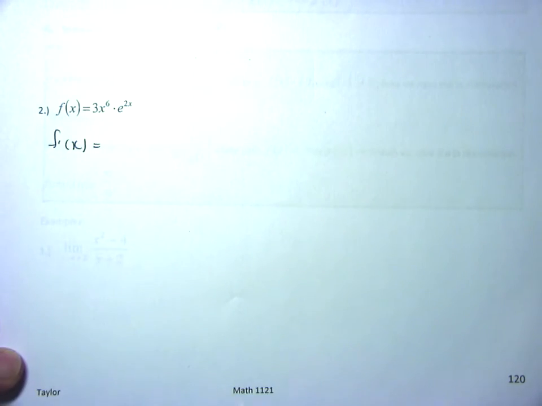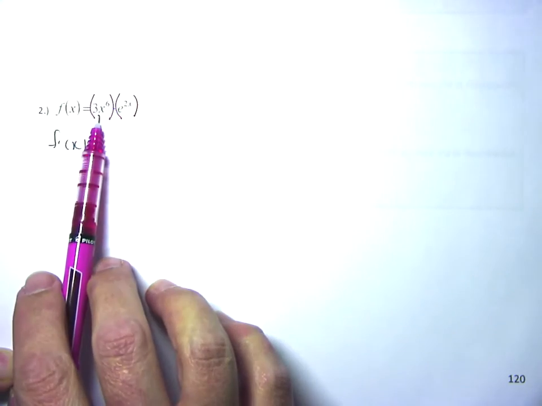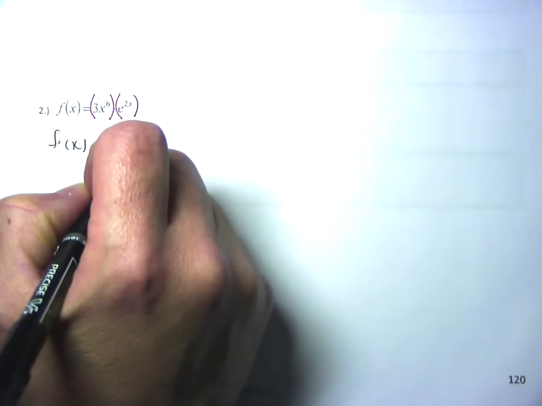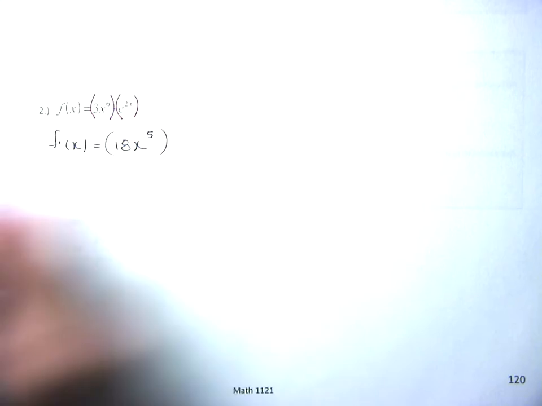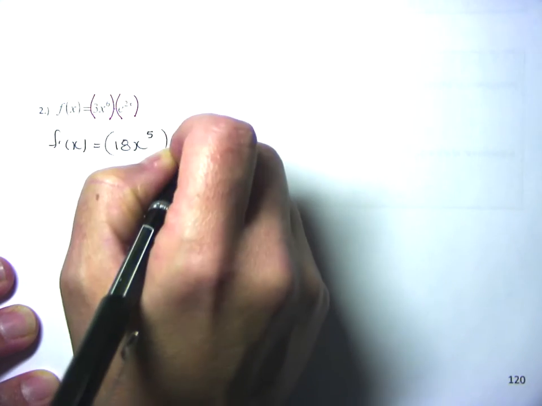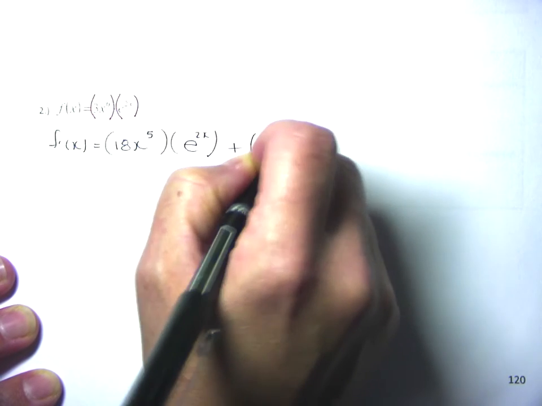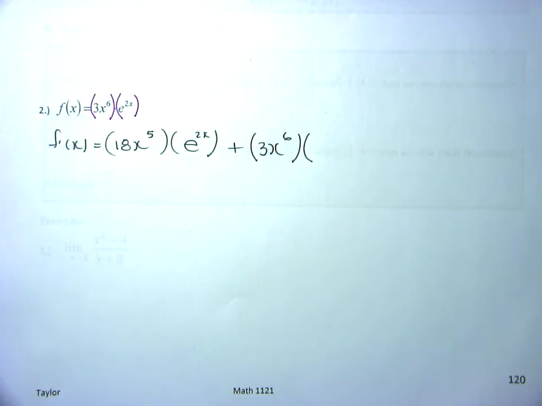So again, in my product, I'm going to just make sure I clearly indicate this is the first, this is the second. So the product rule says this will be derivative of the first, so that is the derivative of 3x to the power 6. That's equal to 18x to the power 5, derivative of the first, times the second, e to the 2x, plus the first, 3x to the power 6, times derivative of the second.